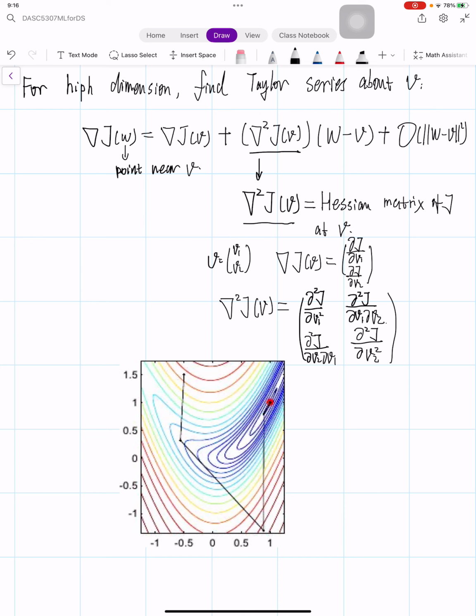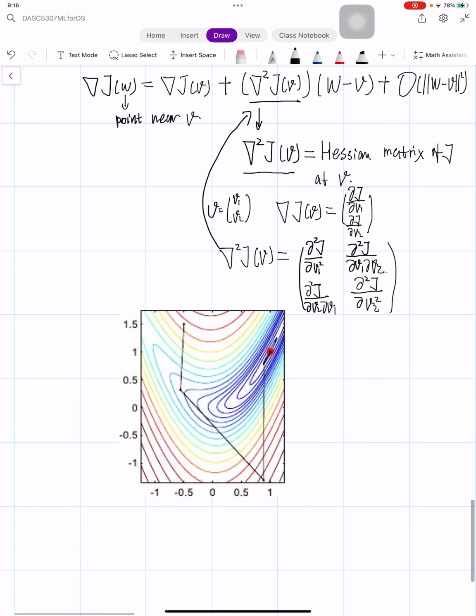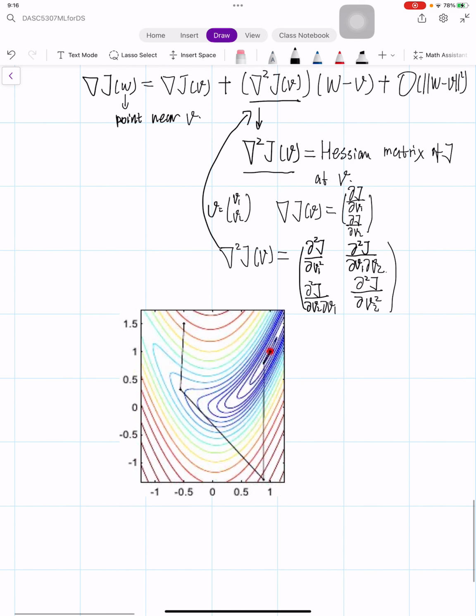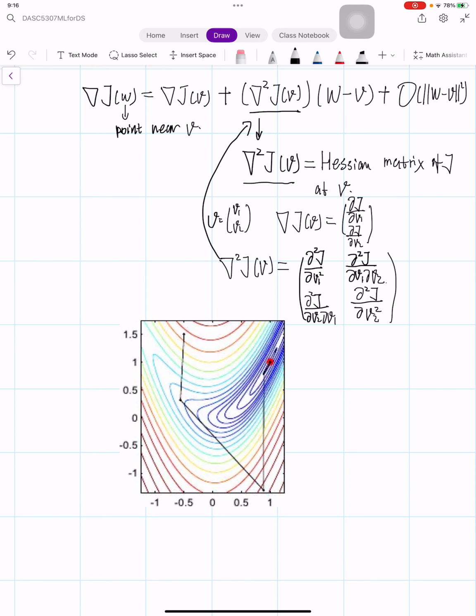This is the Hessian matrix. This gives us the quadratic approximation, and by solving it, we can find the critical value.